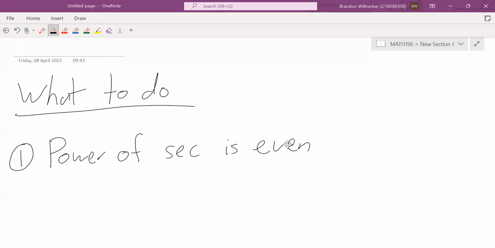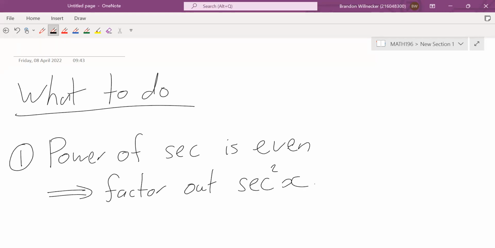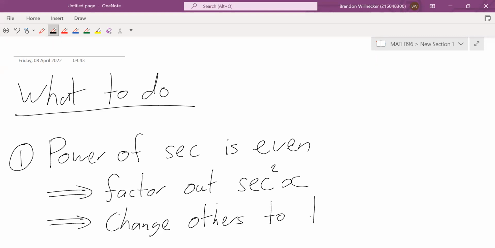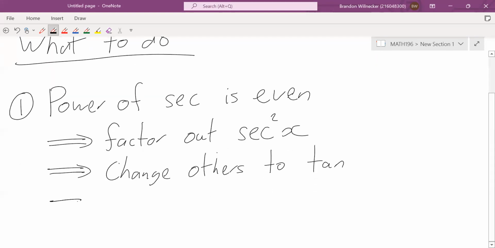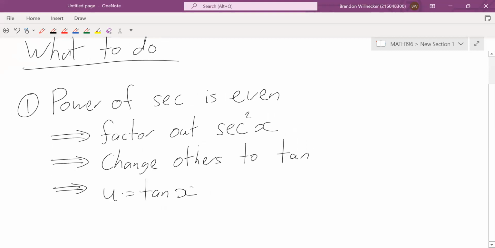We factor out sec squared. That's the first thing we do. Then we change the others to tan. Since we changed them to tan, that tells us that the U substitution is U equals tan x.